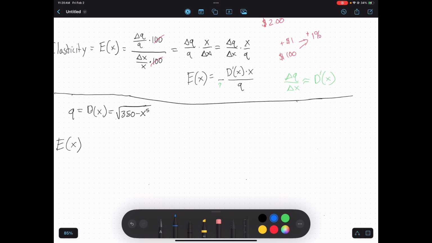That's an important part of my elasticity function. So let's go ahead and calculate the derivative. This derivative requires the chain rule. So I'm going to get 1/2 times (350 minus x to the 5th) raised to the negative 1/2, multiplied by the derivative of the inside function, which is just negative 5x to the 4th.